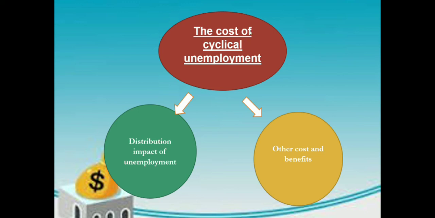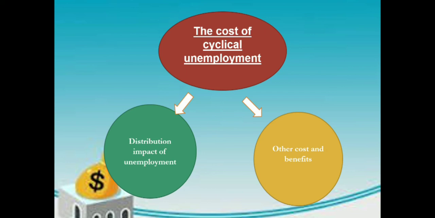So we know about these two now, and now we are going to know what the other costs and benefits are. It's not always about loss in unemployment. We also have some benefits, of course.